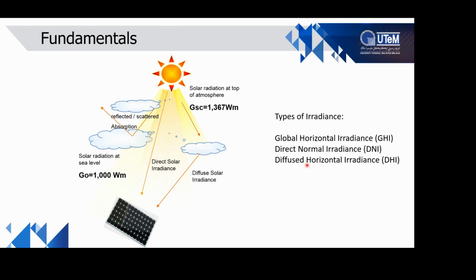The term global horizontal irradiance is used because the irradiance is measured horizontally, flat, with reference to the Earth's surface. Same here, diffuse horizontal irradiance, while direct normal irradiance refers to the sunshine directly hitting the solar module, which is at a normal angle.